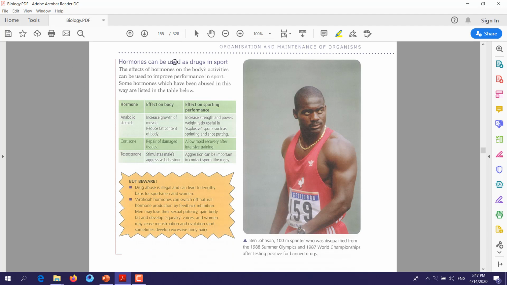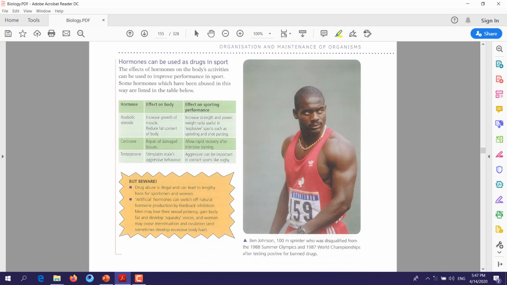Hormones can be used as drugs in sports. As you know, maybe you hear that during, for example, the Olympics, or during any match or any kind of sports, the players always do some test or blood test to check if there is any kind of drugs in their blood.